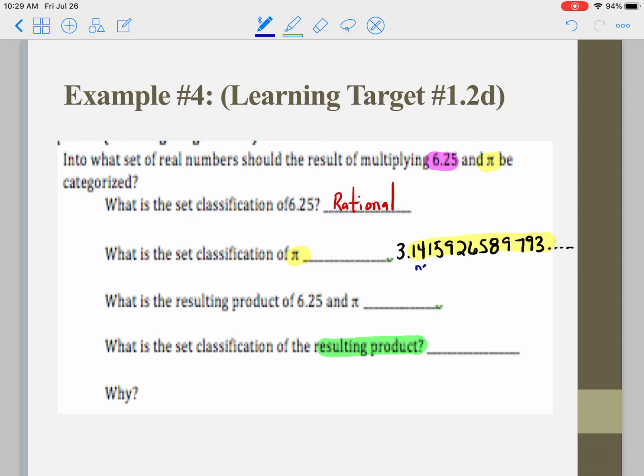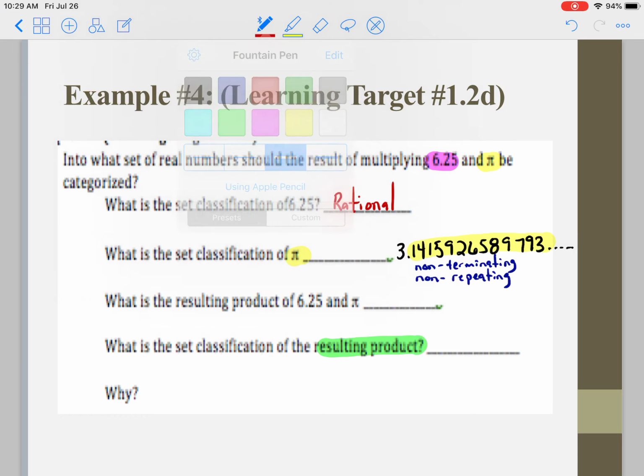So this is non-terminating, and it is non-repeating. And since it is a non-terminating, non-repeating decimal, our conclusion is that we are working with an irrational number. And so we can classify pi as an irrational number.